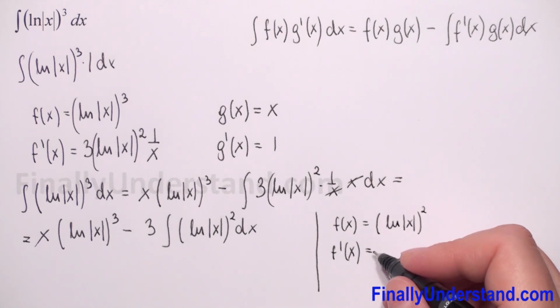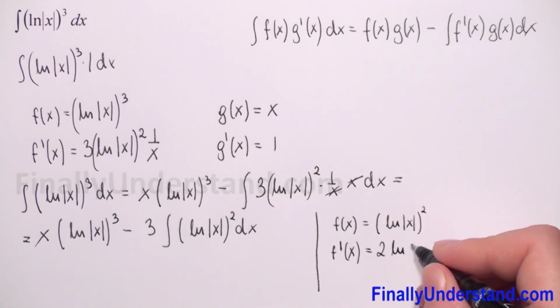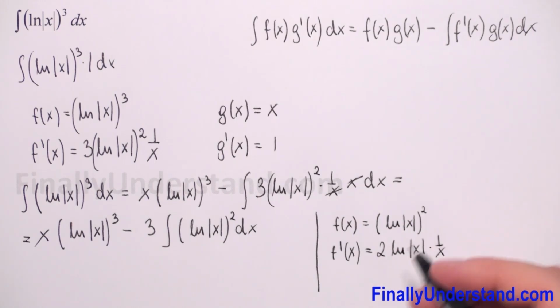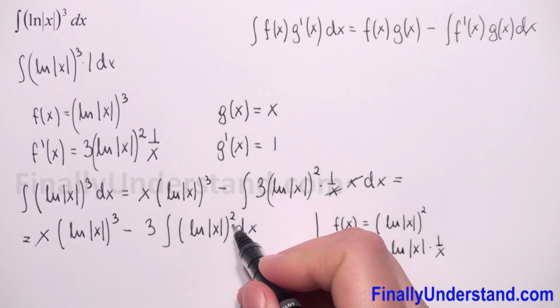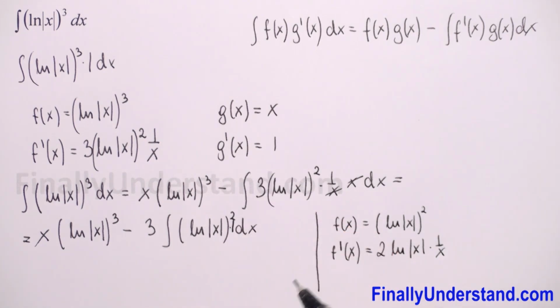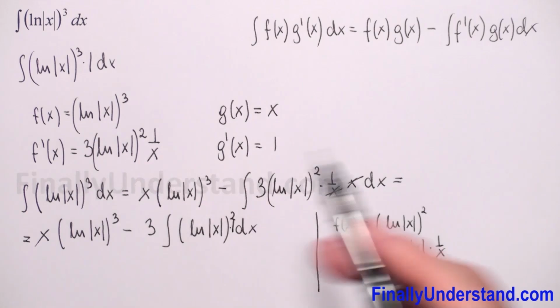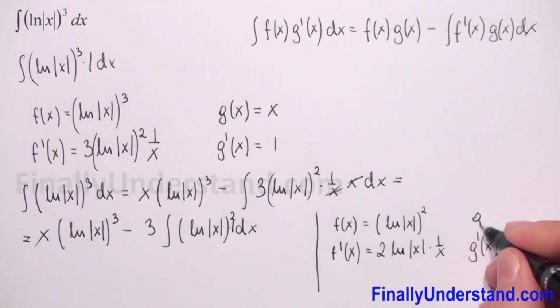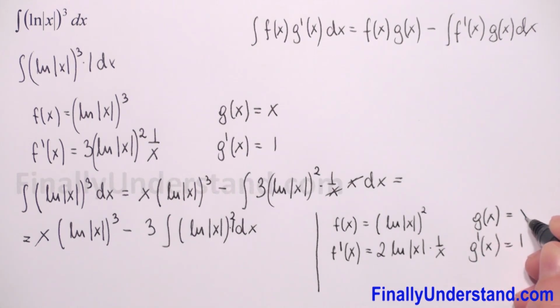So f prime of x is equal to 2 times the natural logarithm of the absolute value of x, and the derivative of the function which is inside is 1 over x. Whatever is left is our g prime. We just write this times 1, like at the beginning. This 1 is our g prime. So g is equal to x.